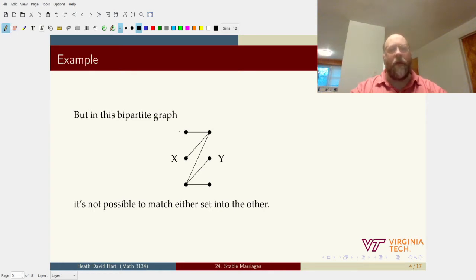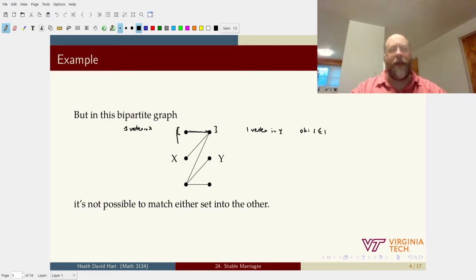So I start out with this vertex. I've got one vertex in X. And I look at its set of neighbors, and there's one vertex over here in Y. Well, that's okay because 1 is less than or equal to 1.